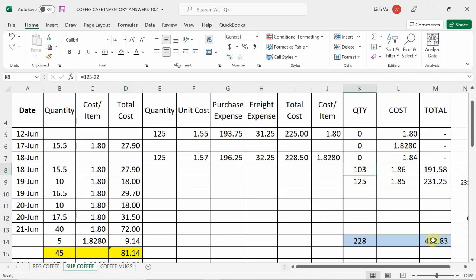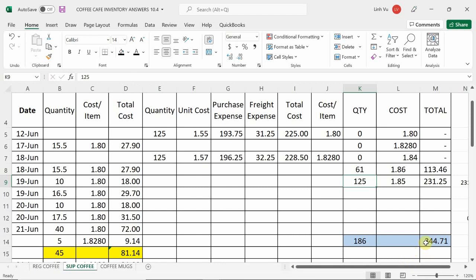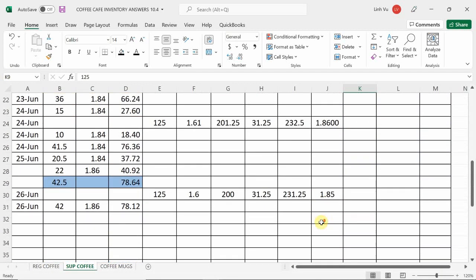So we no longer have 103. We used 42 pounds, giving us 61 pounds, and a grand total down below of 344.71. Okay, so let's take a look at my Supreme here.